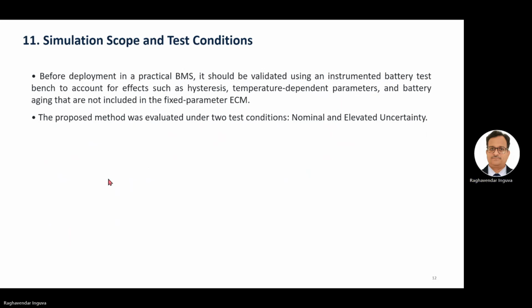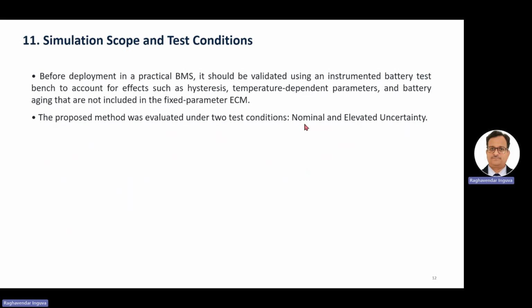Then the simulation scope and test conditions. There are two conditions under which we have tested this hybrid algorithm. One condition is the nominal condition, where the noise is Gaussian and the sensor error is also not much. The second condition is called elevated uncertainty.